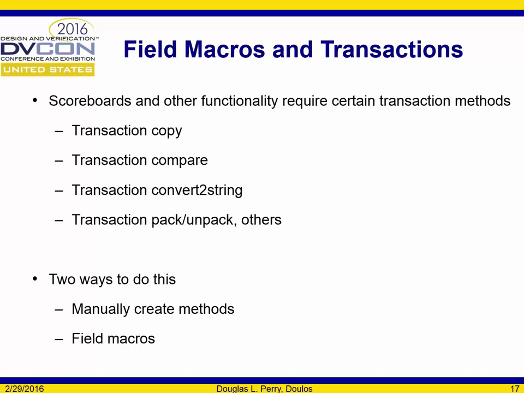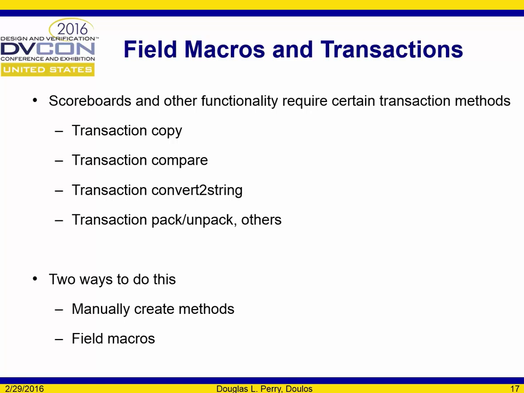So instead, you randomize the same object and then you pass a copy. Because what you don't want to have happen is your scoreboard goes in and mucks with the transaction and screws it up for some other part of the design or some other part of the test bench.